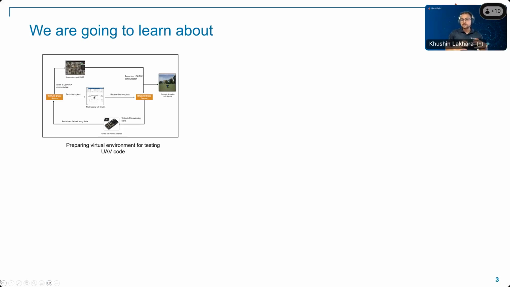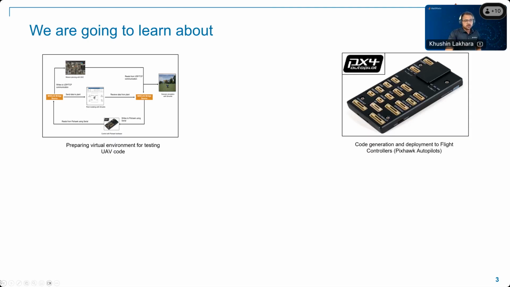How does each of the parts fit in the frame, and how does each of them interact with each other? Moving forward, we are going to talk about the PX4-based autopilots. How do you generate the code for them? And how do you deploy these codes to the Pixhawk autopilots?